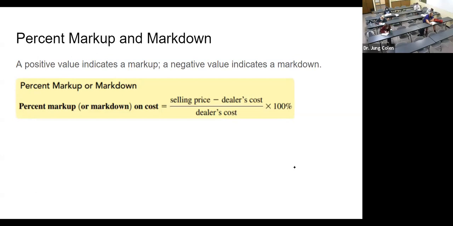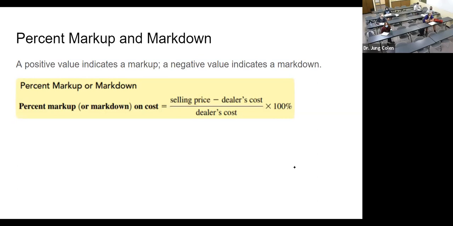So think about the margin you are making when you are selling it. How much you are selling should be greater than how much you are paying, how much it costs to make it, right? So this has to be bigger than 100, bigger than 0 to make some money. So if this whole thing becomes a negative, you're not making any money as a seller.